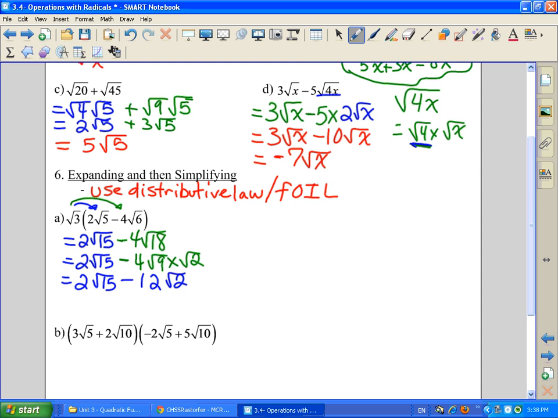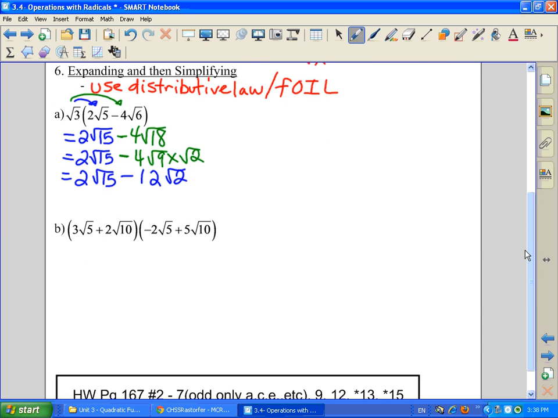All right, let's try the next example here. We have a binomial times a binomial, which means we're going to be doing FOIL. So we're going to multiply the first with the first. It's going to take some time here. So it's going to be negative 6 root 25. We're going to fix that in a minute. Okay.